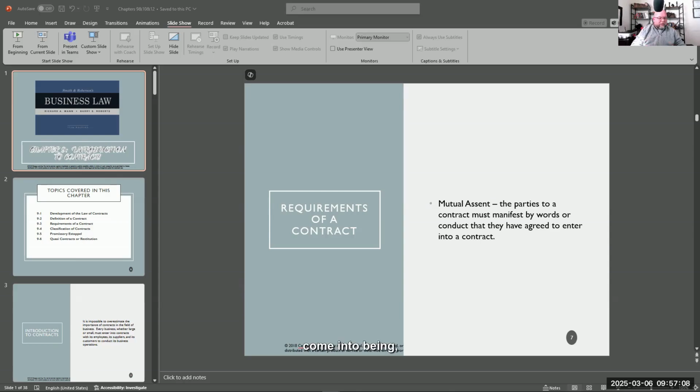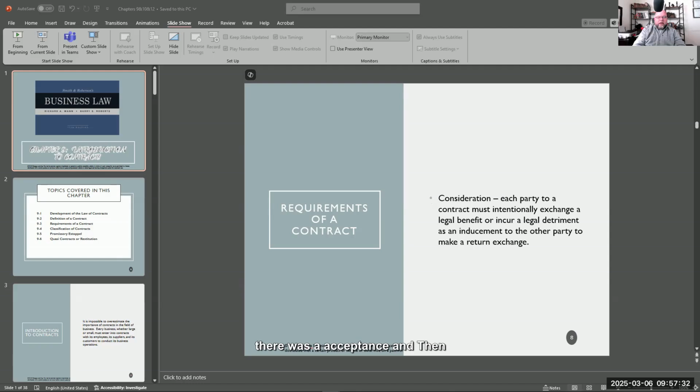For a contract to come into being, we have to have what's called mutual assent. So this is the meeting of the minds of the parties. The parties have come together and they've negotiated, and they have mutual assent. They have now gotten to the point where they've agreed on the parts of the contract: an offer was made, there was an acceptance, and then they've agreed on what the consideration is.